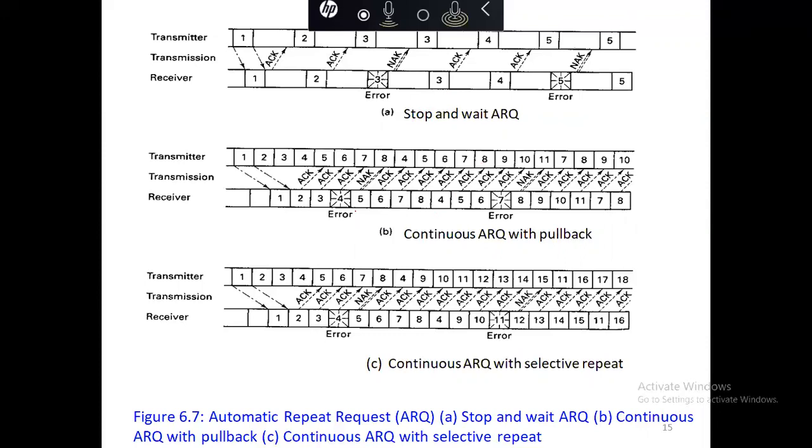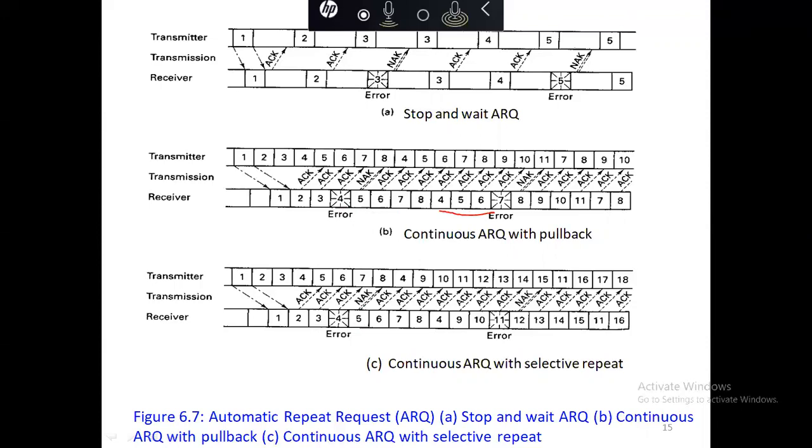When the negative acknowledgement comes from the receiver, it starts the transmission again from the point where the error came. So it's also not proper. To overcome this, we have continuous ARQ with selective repeat.